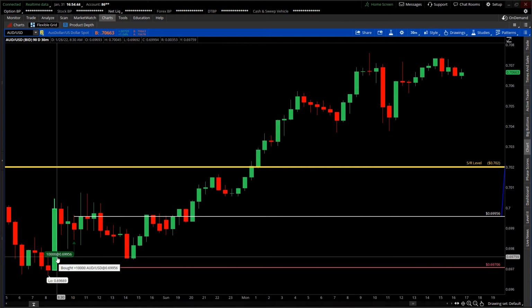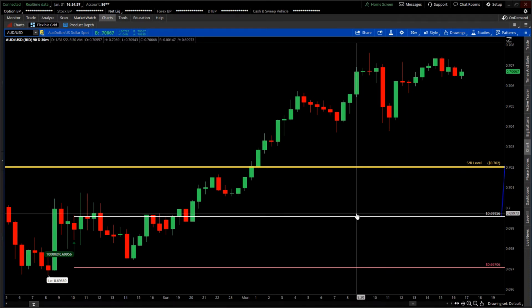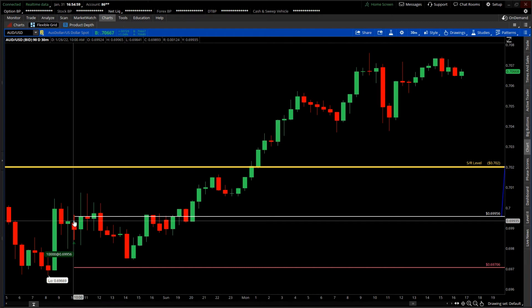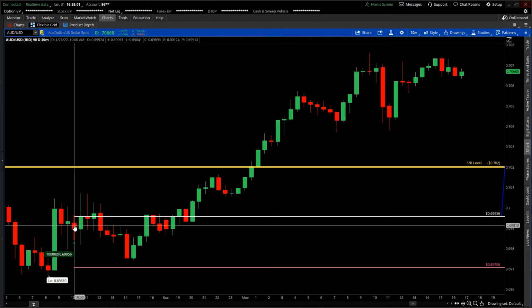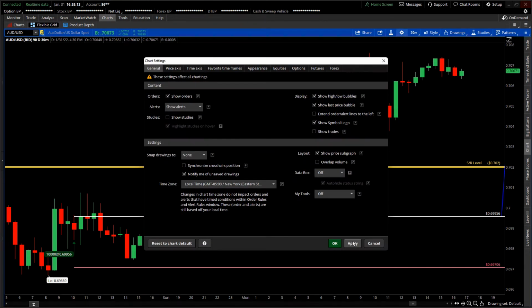I entered one mini lot only, for 10,000 units, and this is my entry price of 0.69956, which I've marked up with this white horizontal line. And this is when I entered the position based on this 30-minute candlestick right here. I entered at the top of this wick. So now that that's there, I'll just go ahead and close that out.